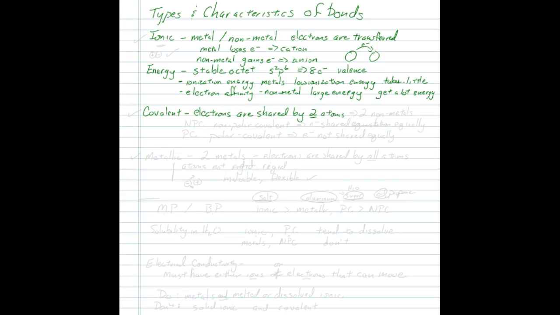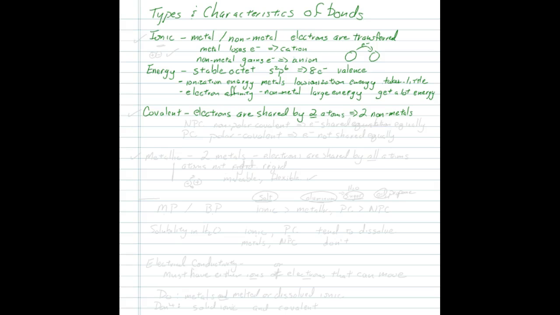Electrons must be shared by two atoms to obtain your stable octet. That is occurring when you have two nonmetals. If you have two nonmetals, they will share electrons in order to obtain 8 in the outer shell.